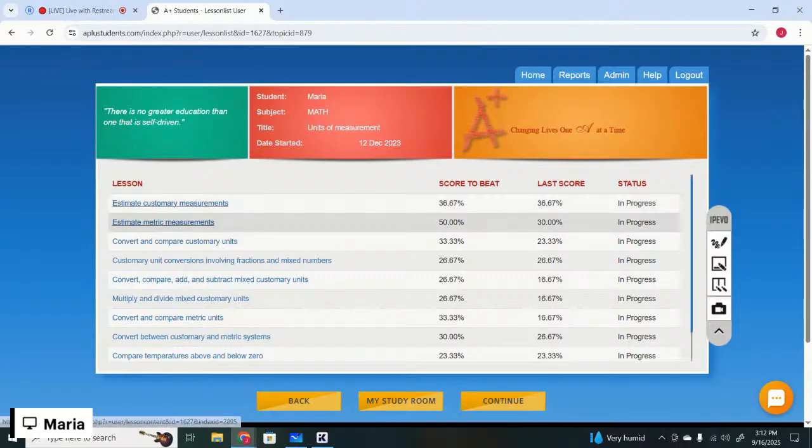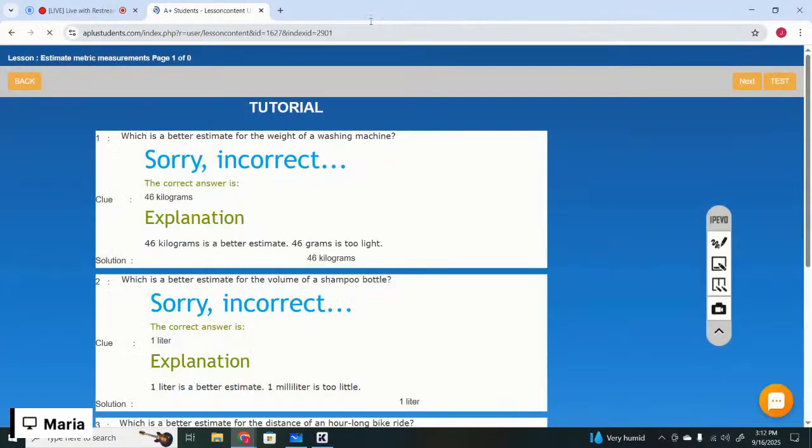Estimate metric measurements. Let's just start with the lesson. Which is a better estimate for the weight of a washing machine? The washing machine must be 46 kilograms because 46 grams is too little for a washing machine.